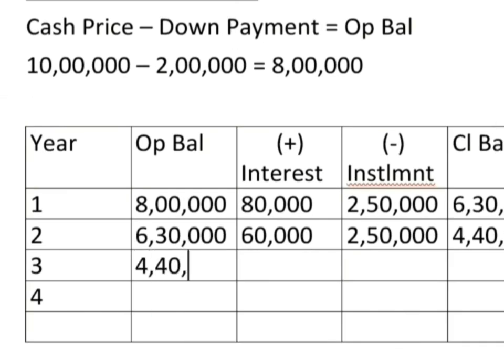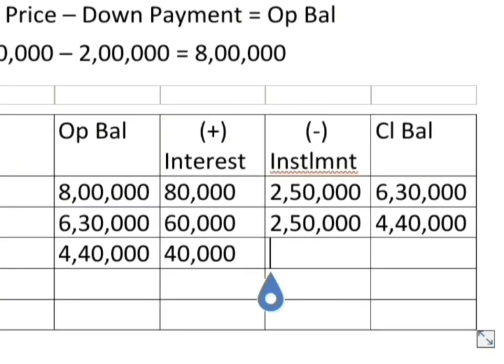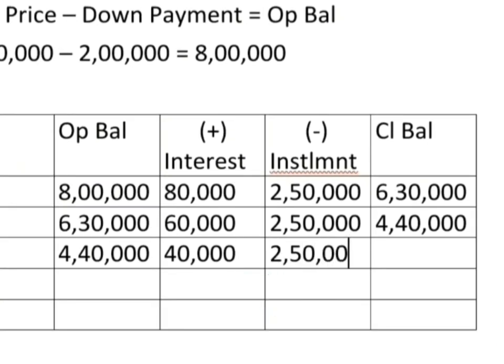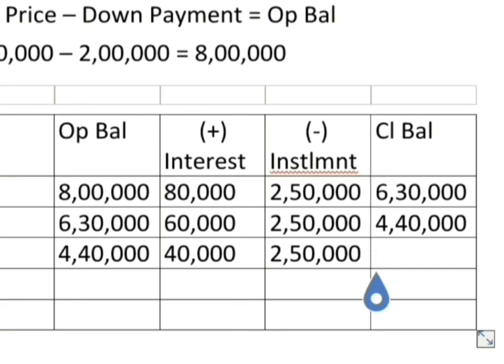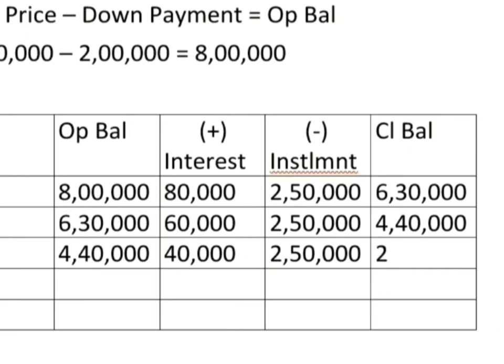In the third year, opening balance again will be 4,40,000. So it is the same as closing balance. Add interest 40,000 minus installment rupees 2,50,000. We should get rupees 2,30,000 as closing balance for the third year.